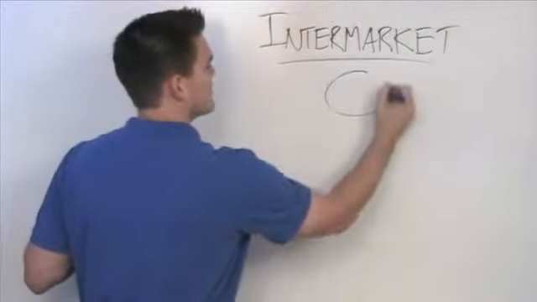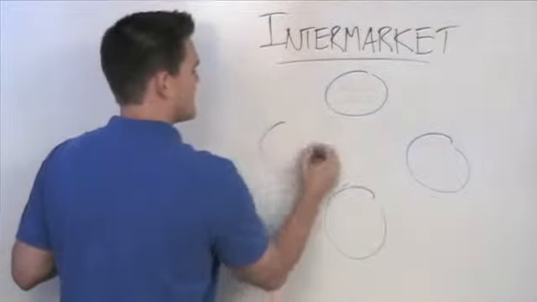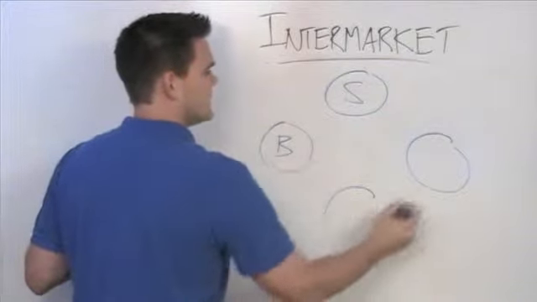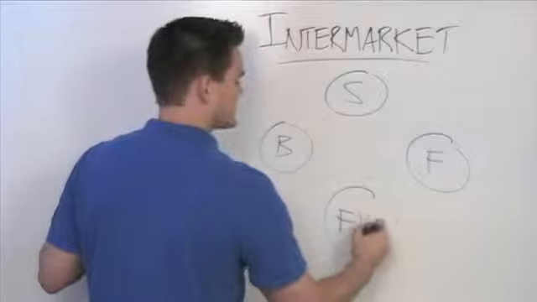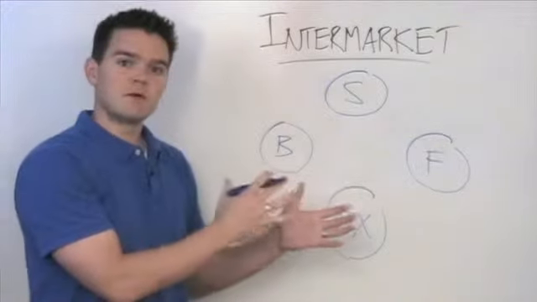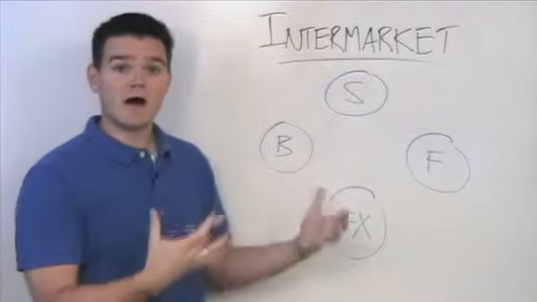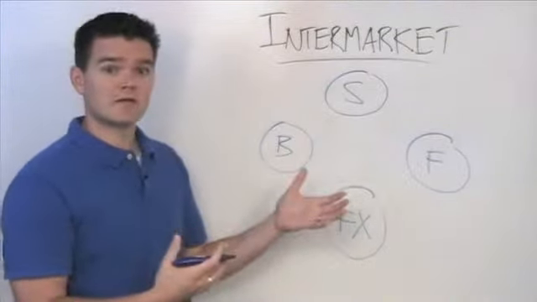Let's say we've got 4 different markets here. We've got the stock market, the bond market, the futures market, and the forex market. Now each one of these markets affects the other markets around it. It can have a positive impact on the markets around it, or it can have a negative impact on them.